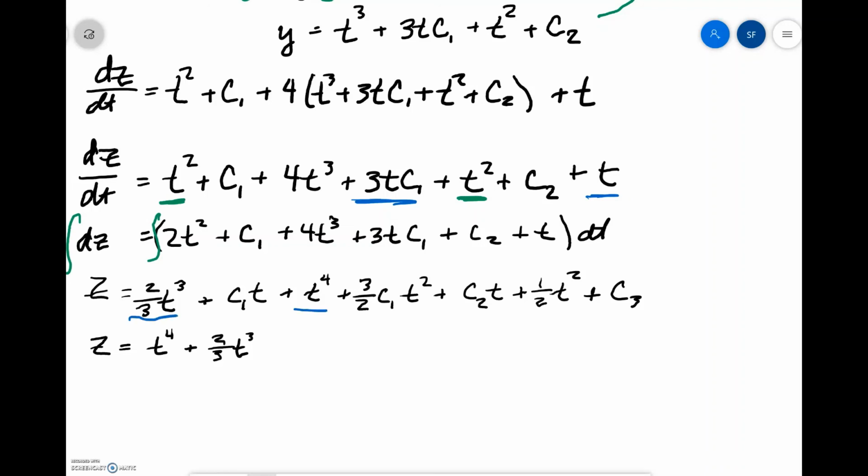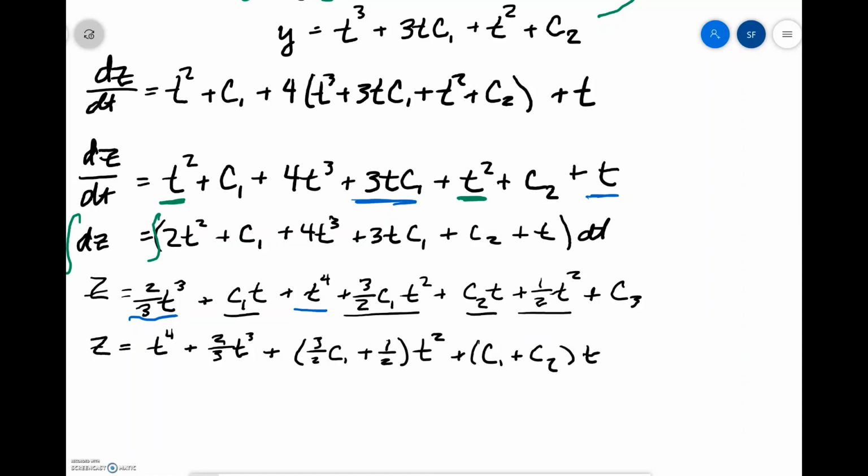Now let's look at my squareds. So I have plus 3/2 c1 plus 1/2 t squared. So that's that one and that one. And then t's plus c1 plus c2 times t, that one and that one, plus c3. Oof.